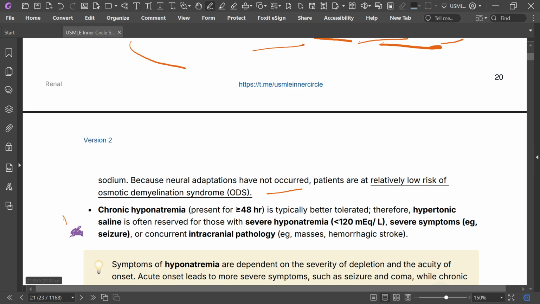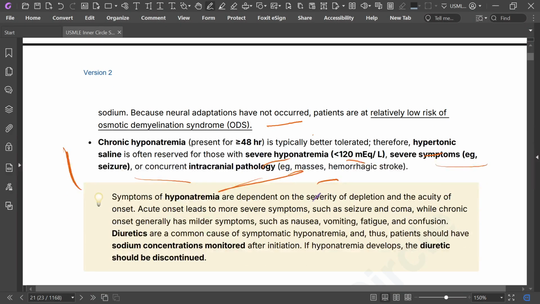Because neural adaptation has not occurred, patients are at relatively high risk for osmotic demyelination syndrome. Chronic hyponatremia of more than 48 hours is typically better tolerated. Hypertonic saline is often reserved for those with severe hyponatremia less than 120, severe symptoms, seizure and intracranial pathology, masses and hemorrhagic stroke. Symptoms of hyponatremia depend on the severity of the depletion and the acuity of the onset.